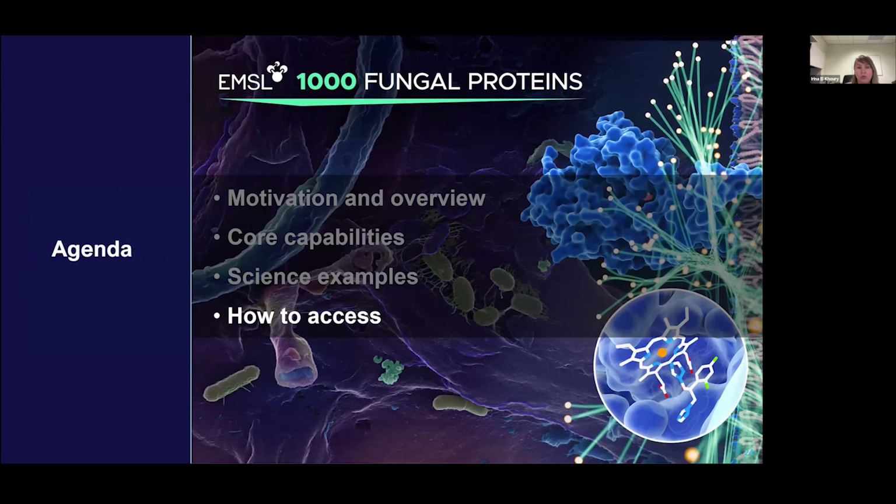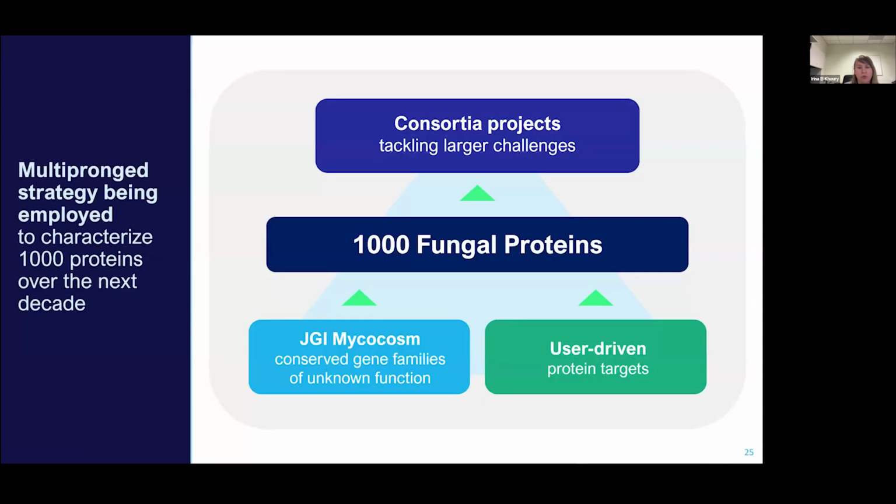In terms of how to access it and how to work with us, I want to highlight, first of all, that even though the pilot project included JGI gene families, our goal is for the science to be user-driven. We want to hear what you need and what kind of science problems in fungal research you're trying to address. Maybe you already mined a lot of interesting gene targets that you want to study.